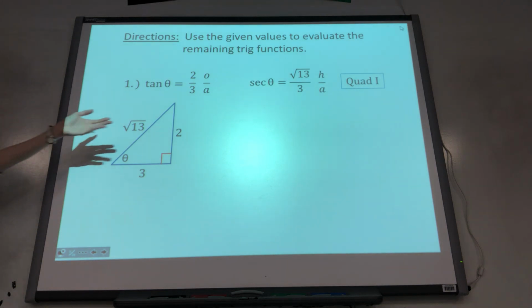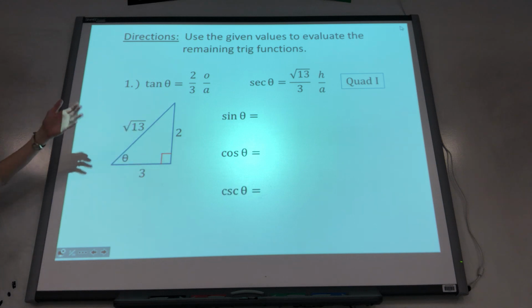So now I'm just going to make a list in no particular order of the 4 trig functions that I still need to find. Okie doke. I got sine, cosine, cosecant, and cotangent. Here we go.